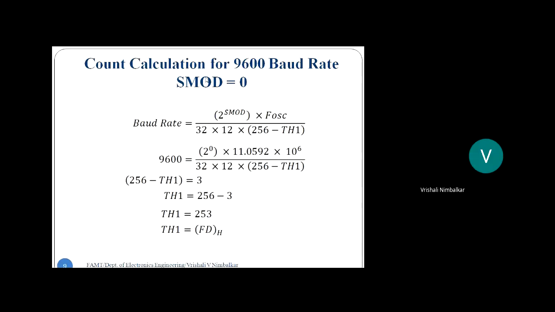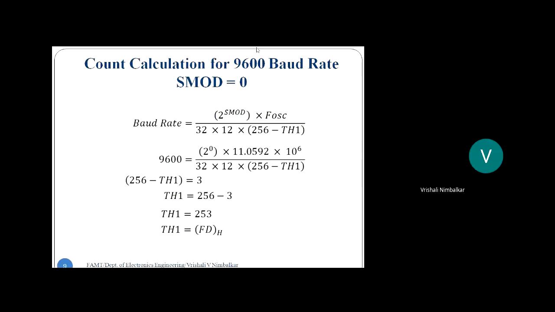One example taken is, if the baud rate is 9600 and by default the SMOD bit is 0. All the special function registers are cleared on resetting the microcontroller. So let us assume SMOD is 0 and I know the baud rate. I know the oscillator frequency, which is 11.0592 megahertz.